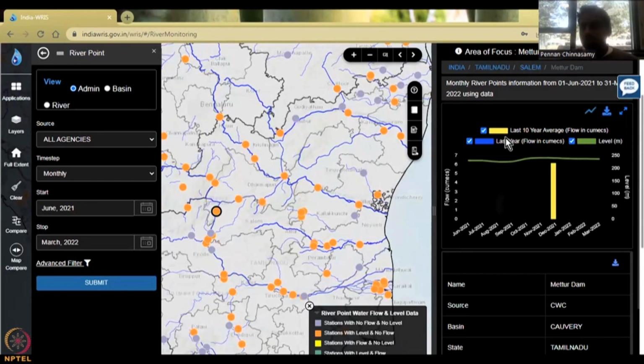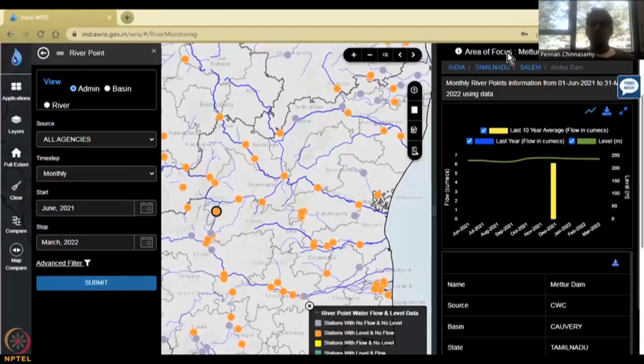What you can see is the last 10 years' average flow is given, and you also see the water levels increasing and decreasing as per the need.